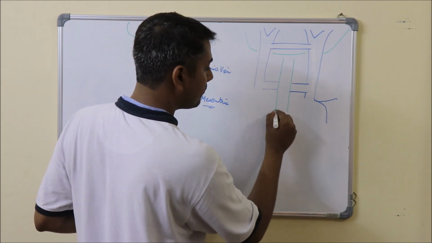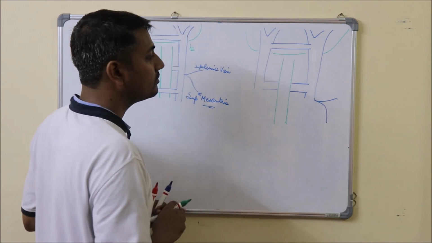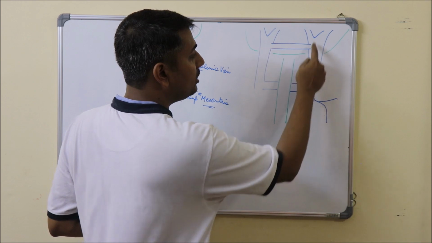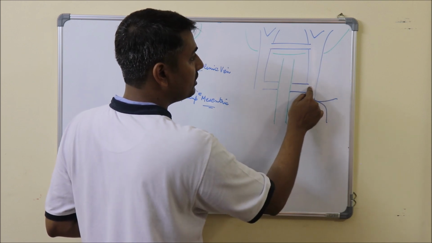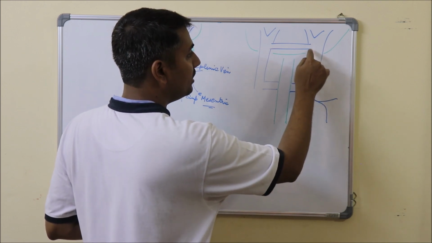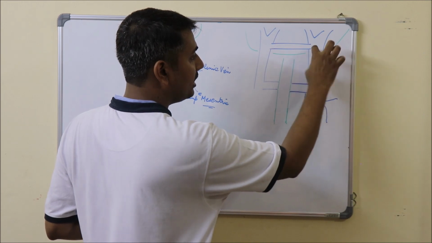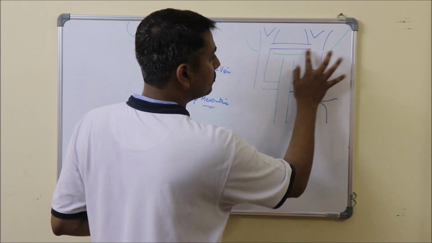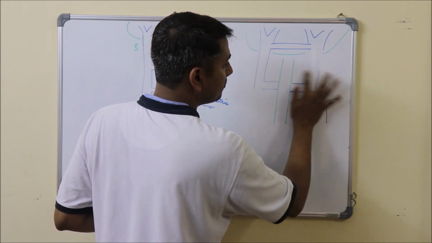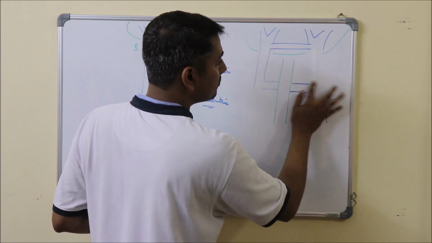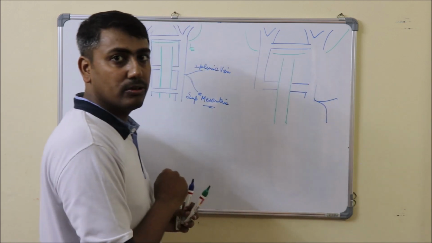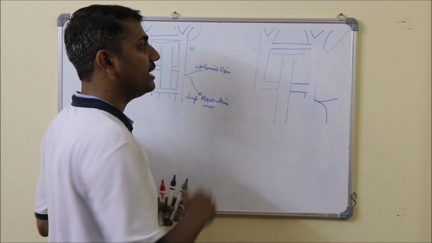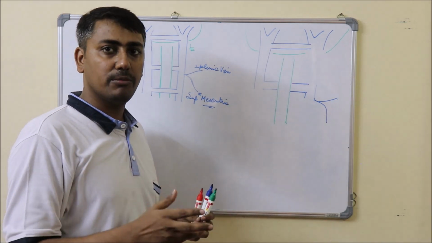Now the part of the left Vitelline vein which is cranial to the dorsal anastomosis and caudal to the cranial ventral anastomosis will also disappear. So these are the remaining parts of the right and the left veins which will form the portal vein.